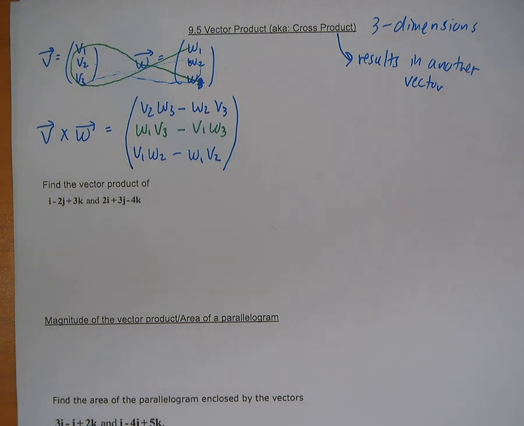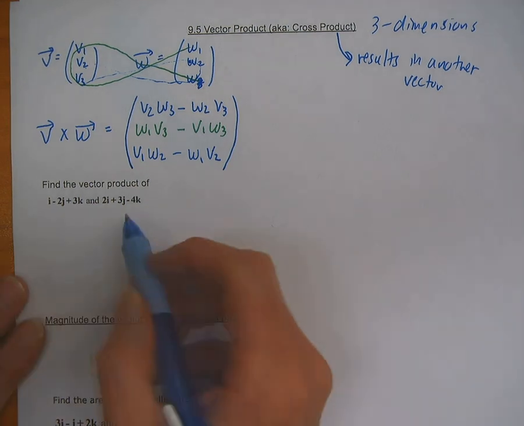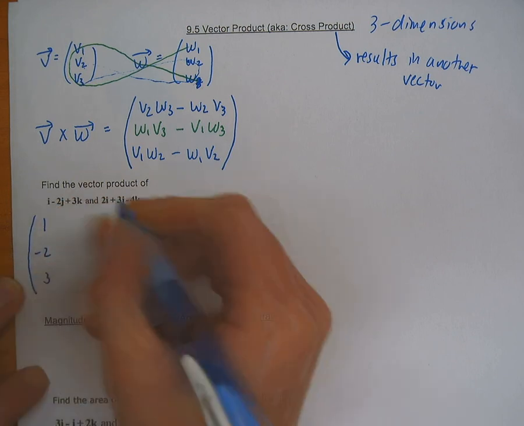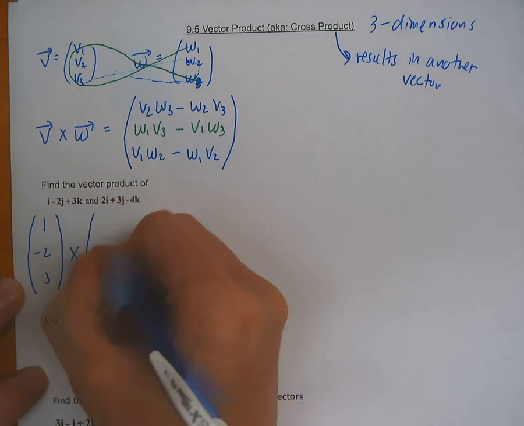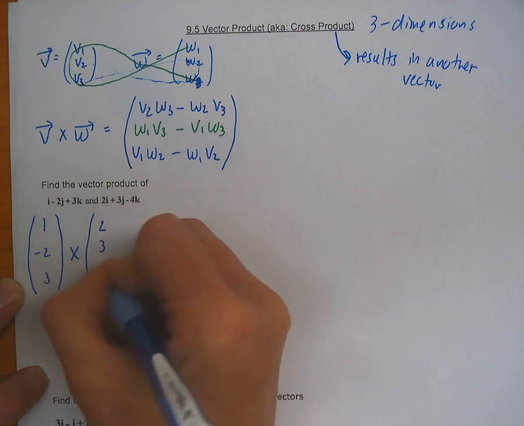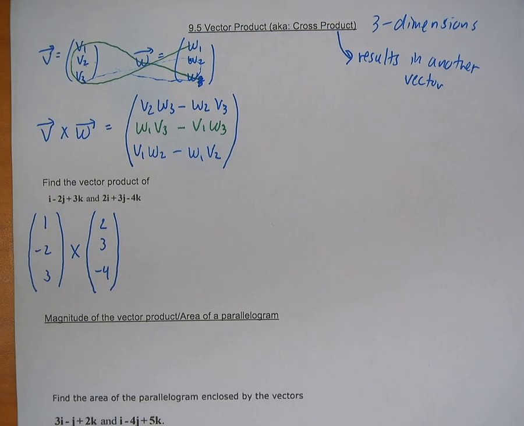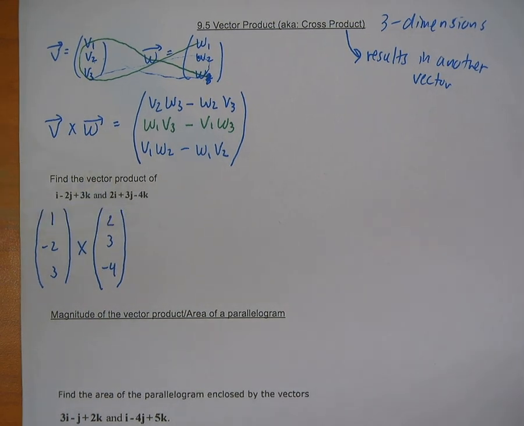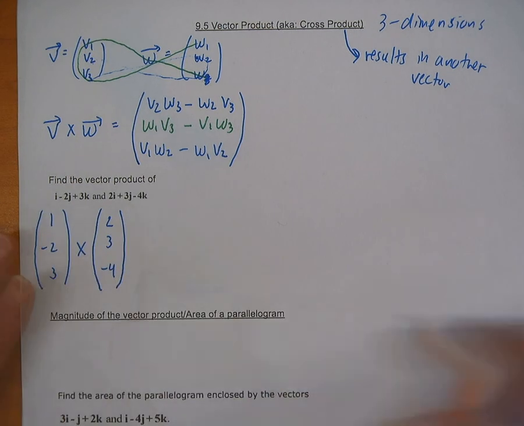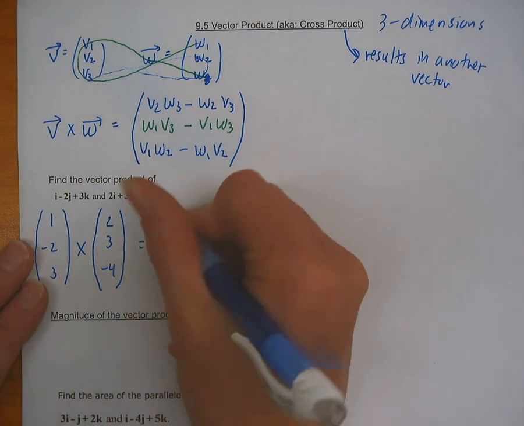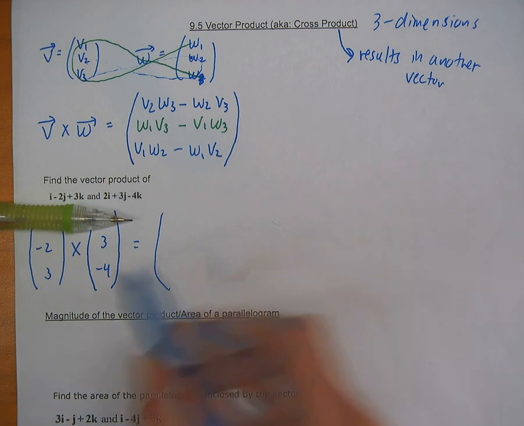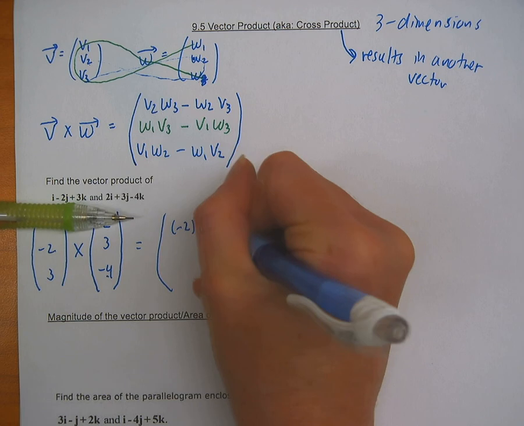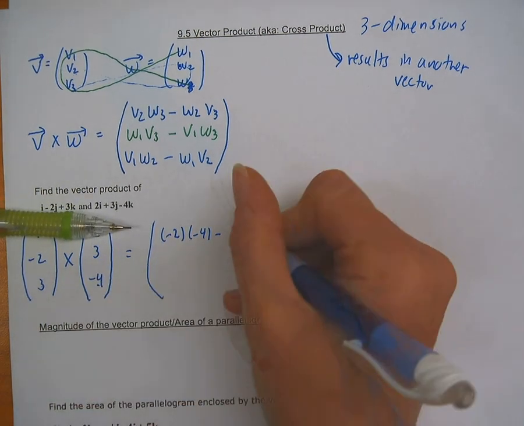Let's actually work that out for a problem. I usually like to write my vectors out vertically when I'm doing this, with a lot of space so that I can cover things up easily. To figure out the x component of the vector product of these, I'm going to cover up the x part. I'm going to do -2 times -4 minus 3 times 3.